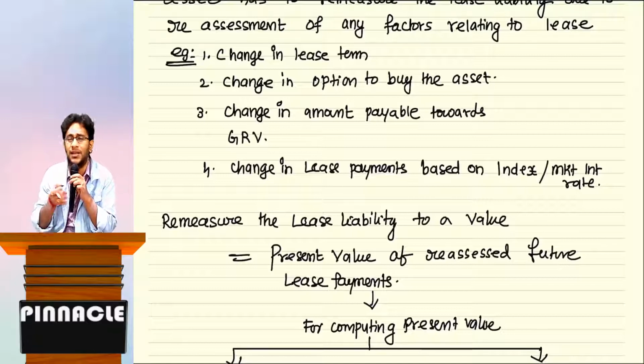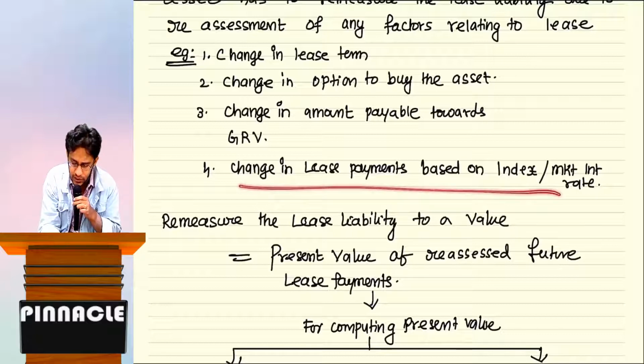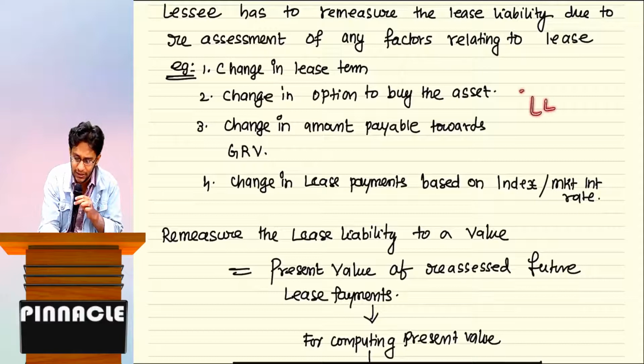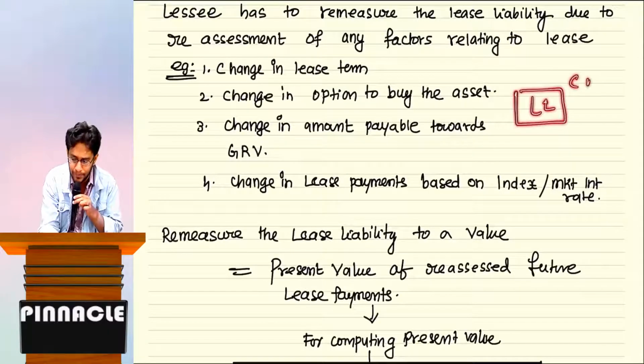Subsequently, when an update comes, then again the remaining lease rents will be updated accordingly. So when all these things happen, the carrying amount of lease liability already in your books of accounts has to be remeasured.